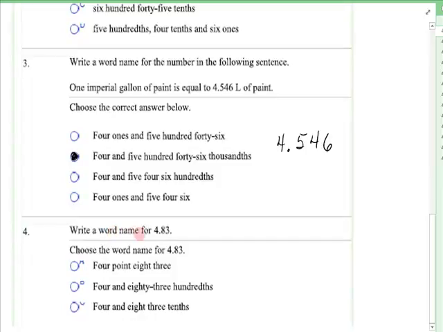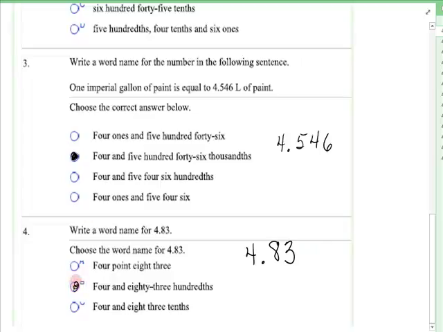It says write a word name for 4.83. It will be 4 and 83, what place? Tenths, hundredths. 4 and 83 hundredths.